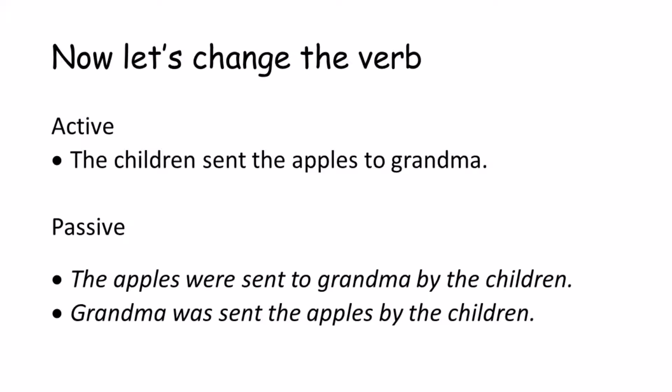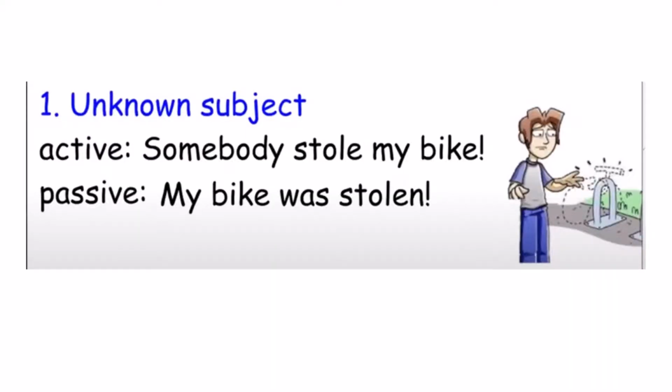Okay, let's look at this bicycle again. So, somebody stole my bike. Really, as Alex pointed out, the important thing here is my bike was stolen. If you don't know who did it, you're going to think about the bike being stolen rather than somebody who stole it.